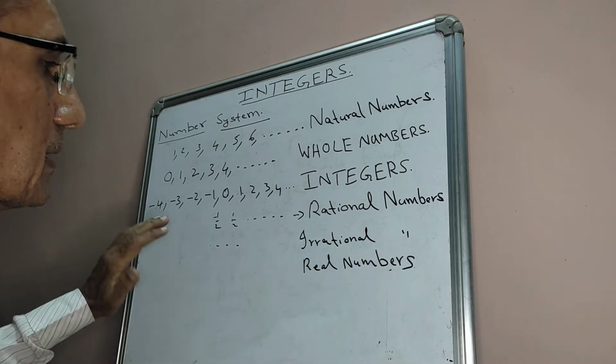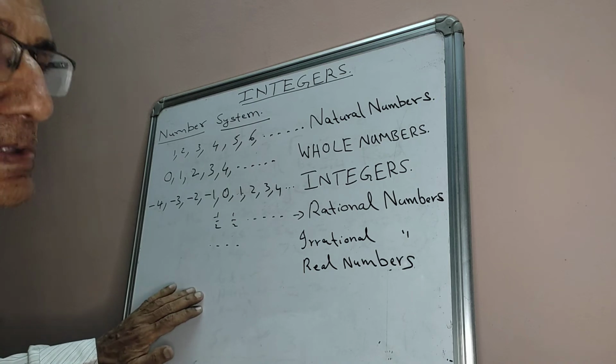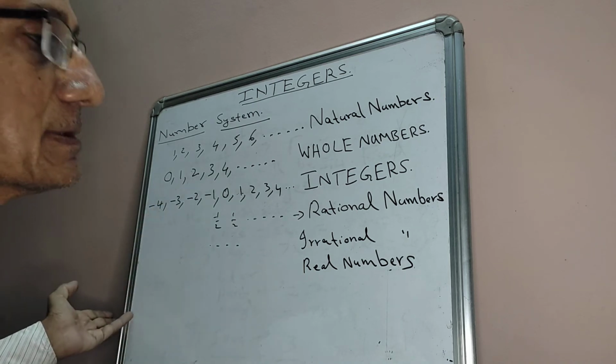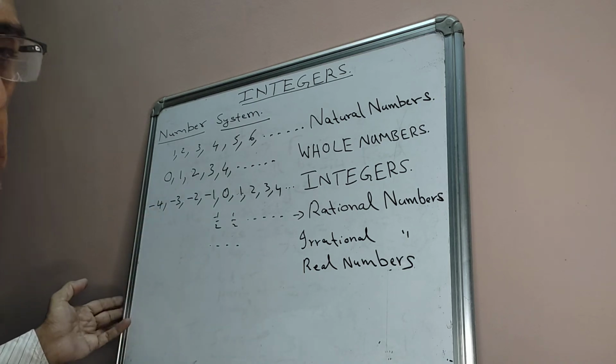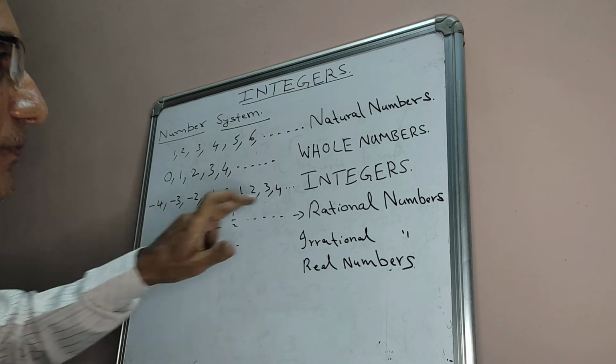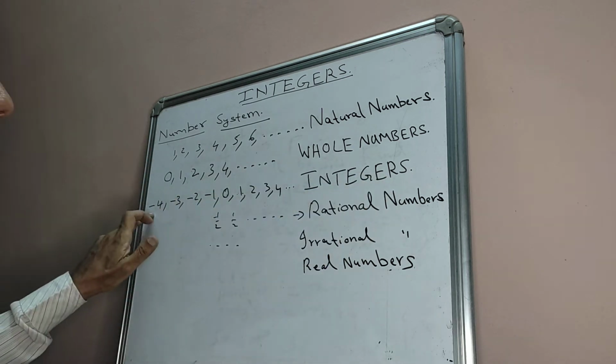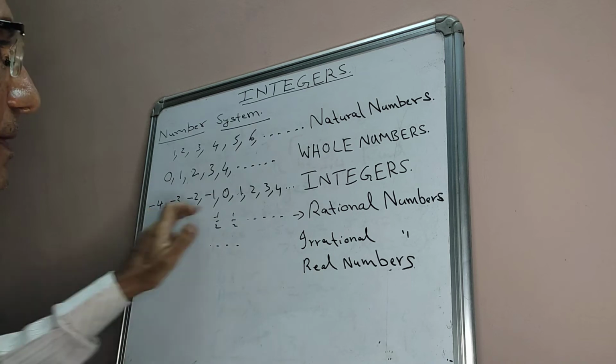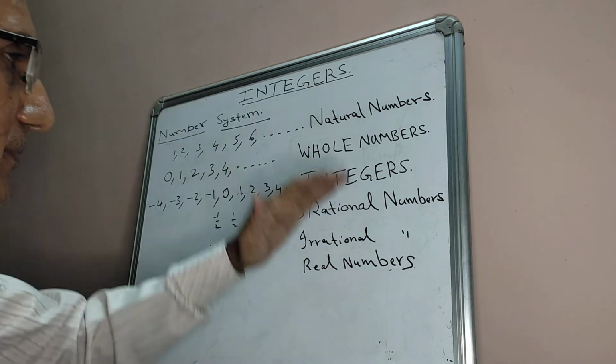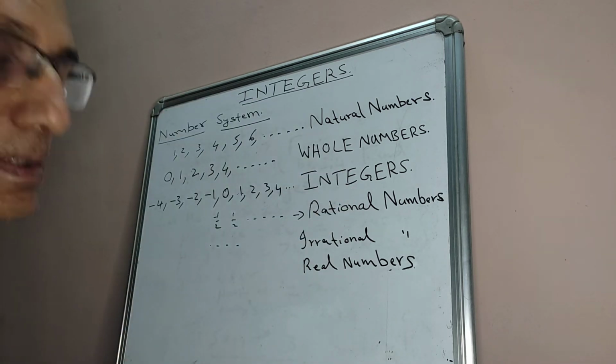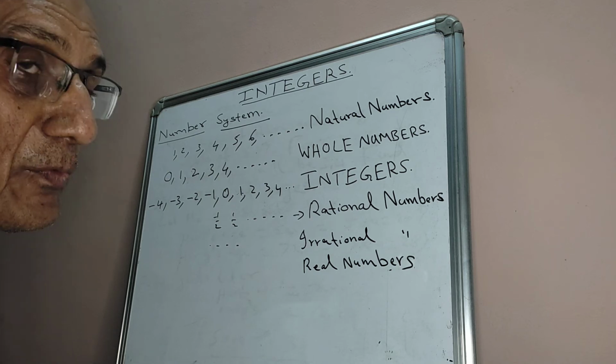I'm not going into the details of all these because this was already taught to you in earlier classes. I just gave you a revision to give you a background of what integers are.